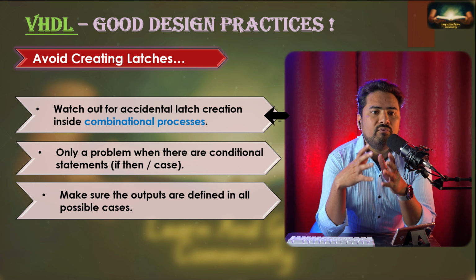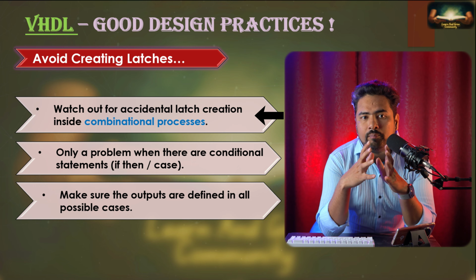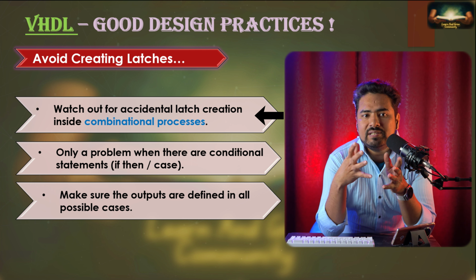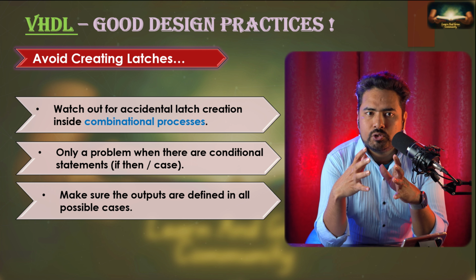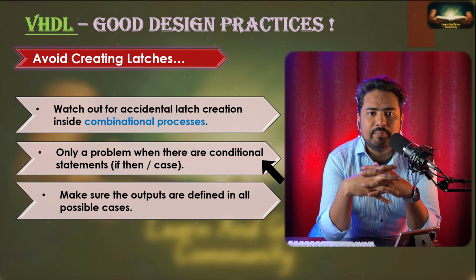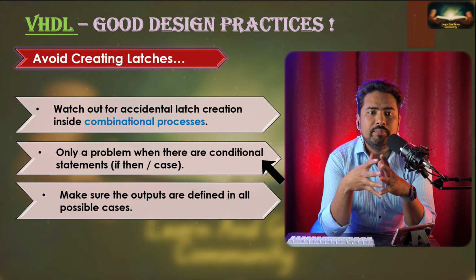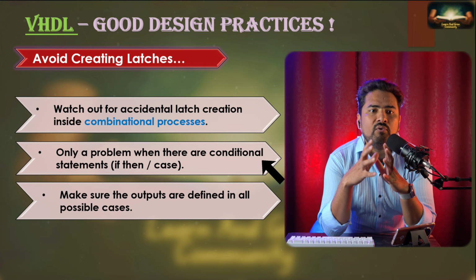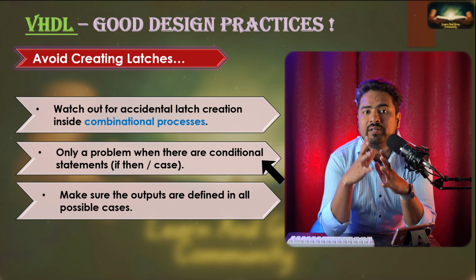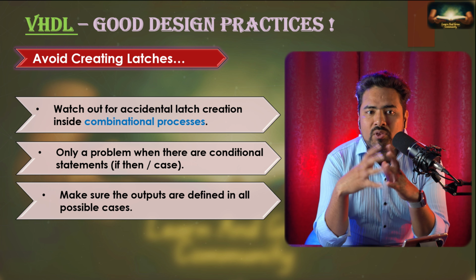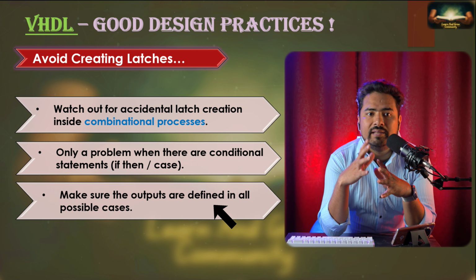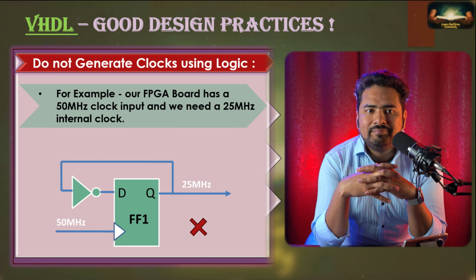They can be created with a combinational process block, but not with a registered process block. We already explained why this happens. Any incomplete conditional statement, like an incomplete if statement or case statement in a combinational process, has a high chance of generating these latches in your FPGA. So ensure that every possible condition is covered in the combinational process blocks.